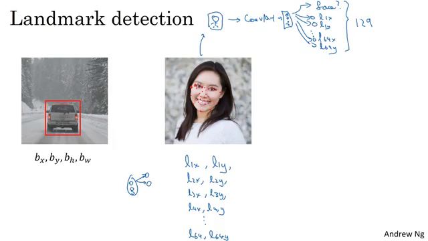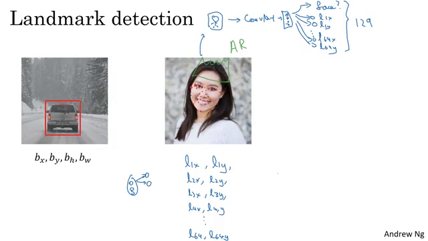So this is a basic building block for recognizing emotions from faces. And if you've played with the Snapchat and other augmented reality filters, like the Snapchat filters that can draw a crown on the face and have other special effects, being able to detect these landmarks on a face is also a key building block for the computer graphics effects that warp the face or draw on various special effects, like put a crown or a hat on a person.